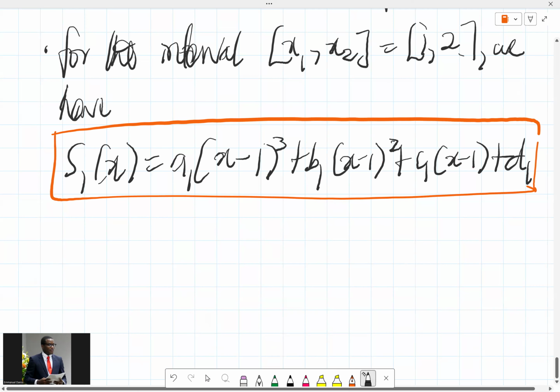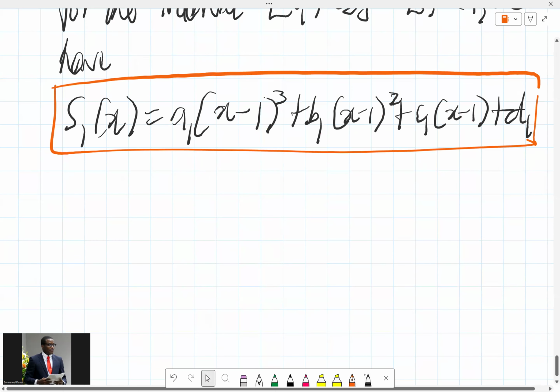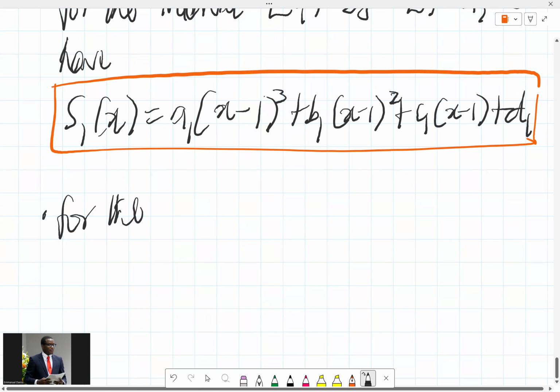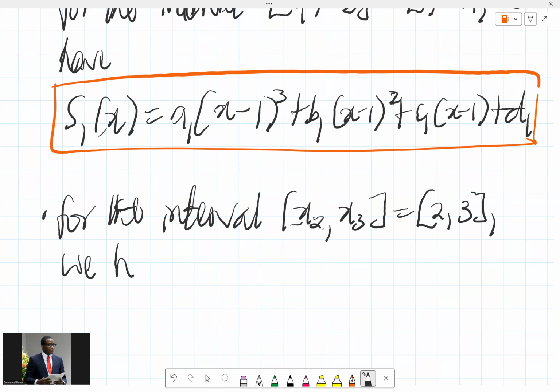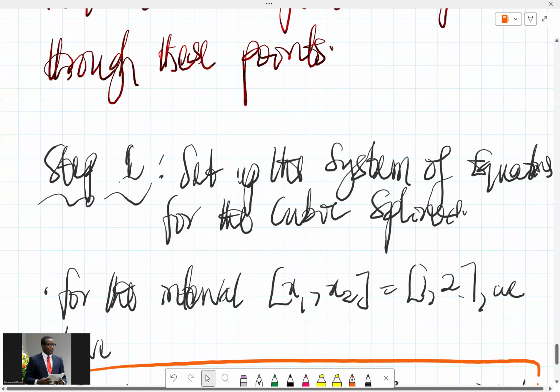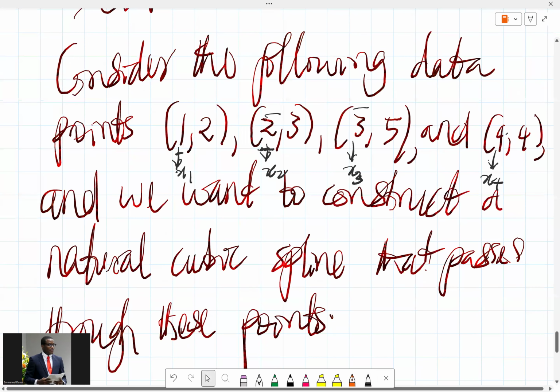In setting up the equations, next we go for the second interval, x2 comma x3, which is 2 comma 3. We have that expression again.